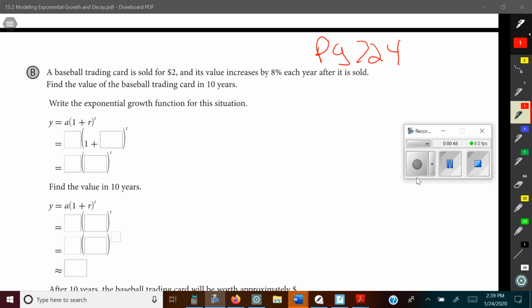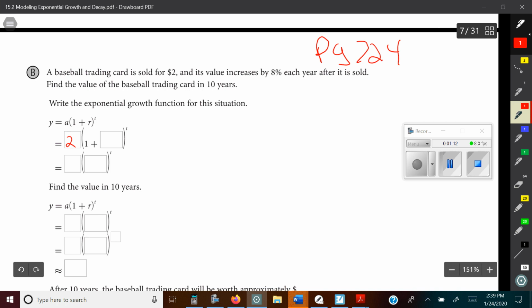Here it says a baseball trading card is sold for $2, and its value increases by 8% each year after it is sold. Find the value of the baseball trading card in 10 years. The first part is we want to write the exponential function, so we're going to plug in everything we have. A, which is where it begins, is 2.